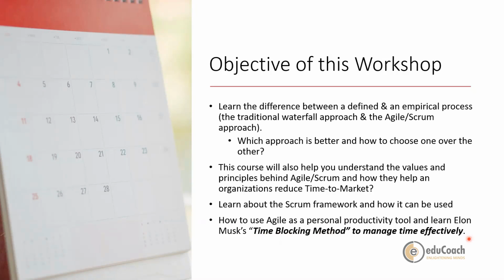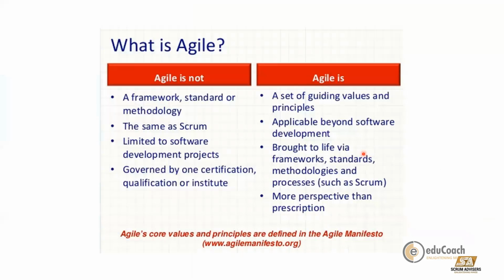So moving on, let's look at what Agile is. At the end, all of these methodologies, whether we talk of Scrum or Kanban, originate from Agile. Now, Agile is not a framework, standard, or methodology. It is not the same as Scrum, and it is not limited to software development projects.